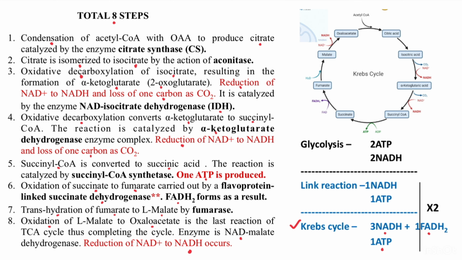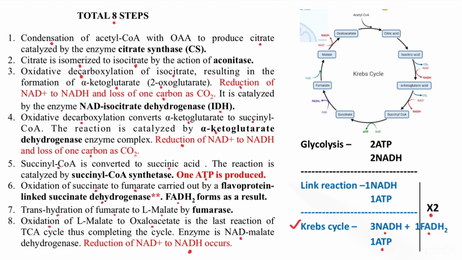Mind you, as 2 molecules of pyruvate have been processed or pushed into Krebs cycle through link reaction, we will have to multiply all these by 2. And therefore, we have 6 NADH, 2 FADH2 and 2 ATP molecules.